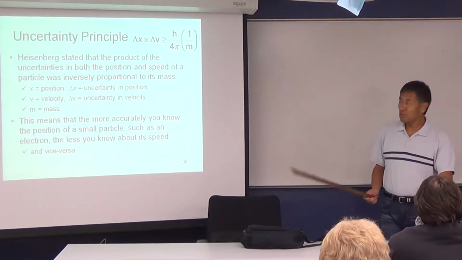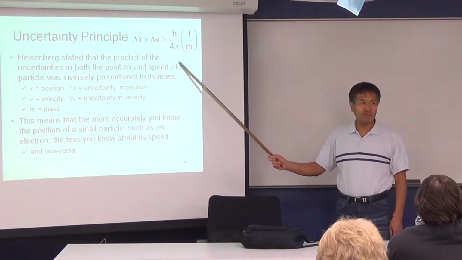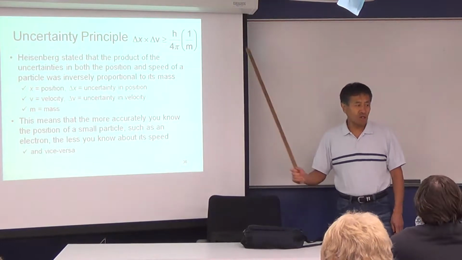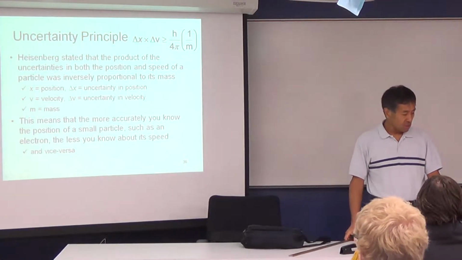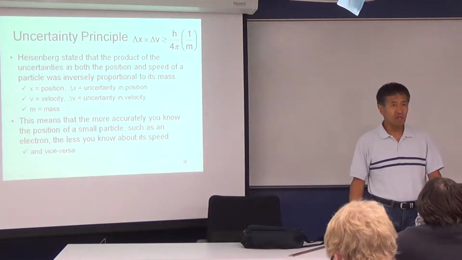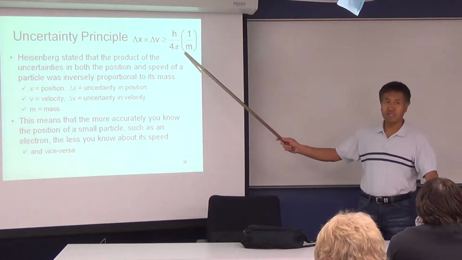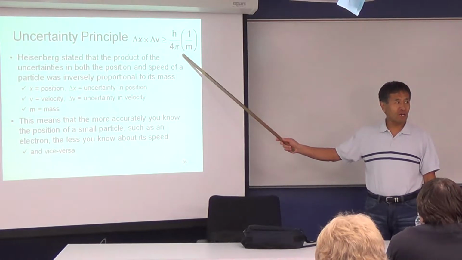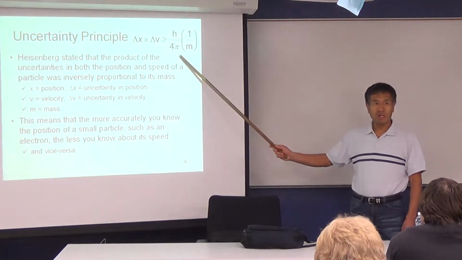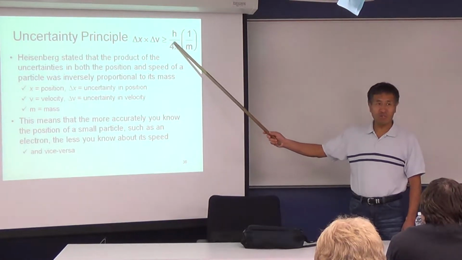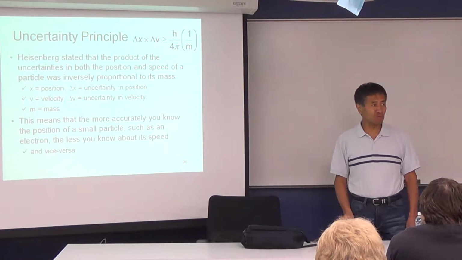But if you use his formula, you will find the uncertainty for the larger objects you usually see is negligible, because it depends on the mass. If the mass of a car or a ball is so huge, and you divide by it, the uncertainty becomes pretty much zero.